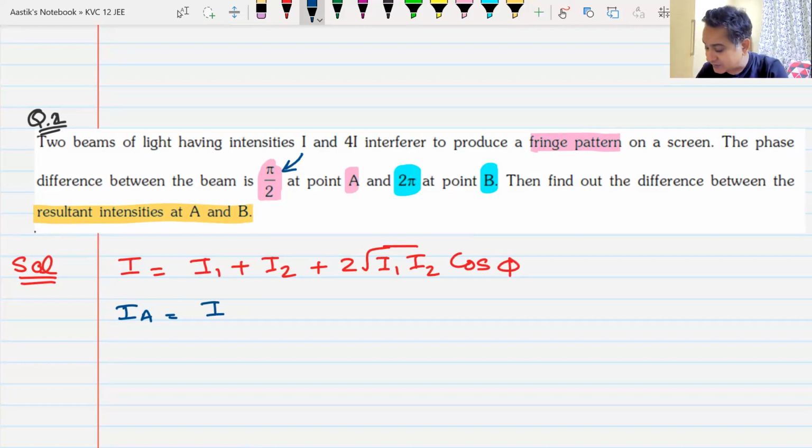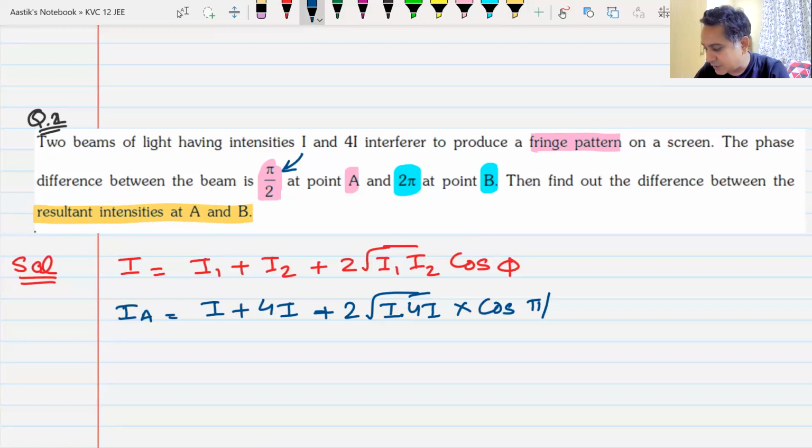The value of I1 is I. The value of I2 is 4i. So I plus 4i plus 2 times root over I into 4i into cos of pi by 2. Cos of pi by 2 is 0.